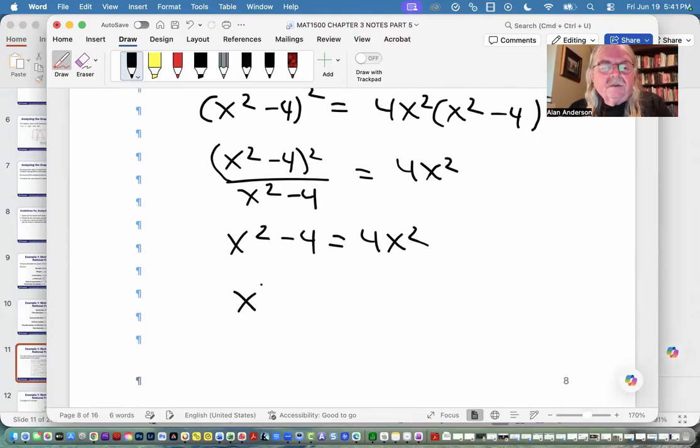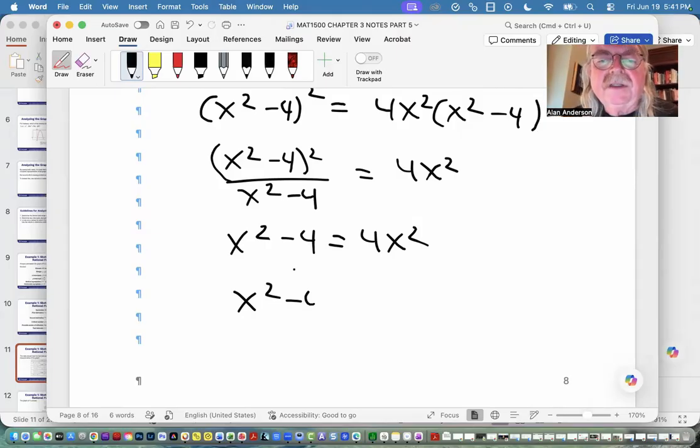And then I've got x squared minus, oh, okay. Now we're getting somewhere because I've got, how about this? How about if I subtract that from both sides?